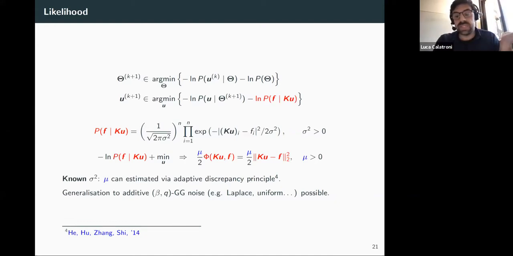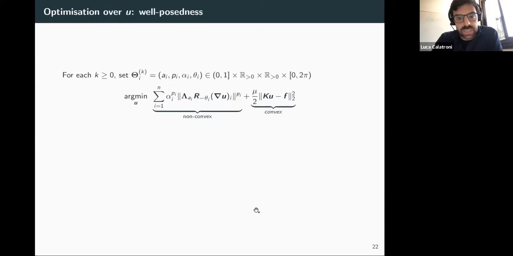But in the case of space variant modeling, due to the fact that those relate really to the descriptors of the local PDFs, we prefer to keep things separated, but still have an automatic selection strategy for that. And let me say that this generalizes also to additive and more general types of noise, for instance, Laplace and uniform noise.